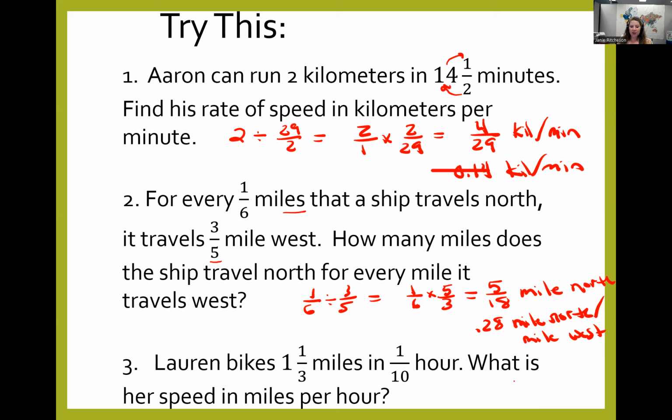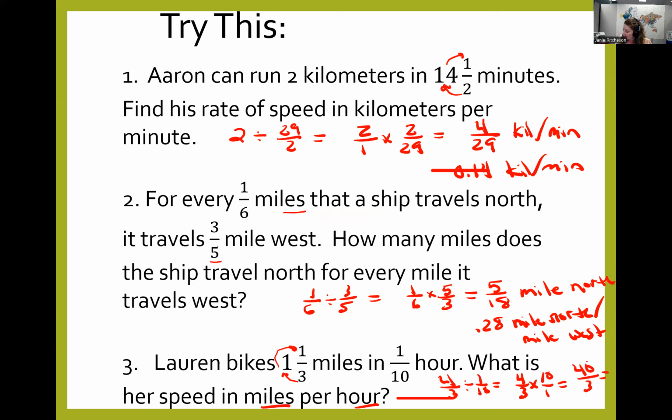All right, the last one. Lauren bikes 1 1/3 miles in 1/10 of an hour. What is her speed in miles per hour? So I'm going to go around the world. I'm going to multiply, then add: 3 times 1 is 3 plus 1 is 4/3, divided by 1/10. So I'm going to keep it, change it, flip it, and I get 40/3.